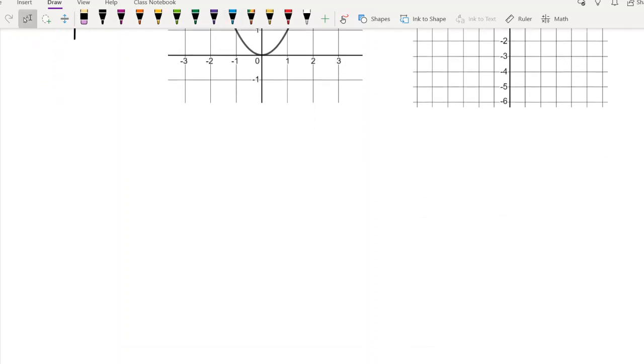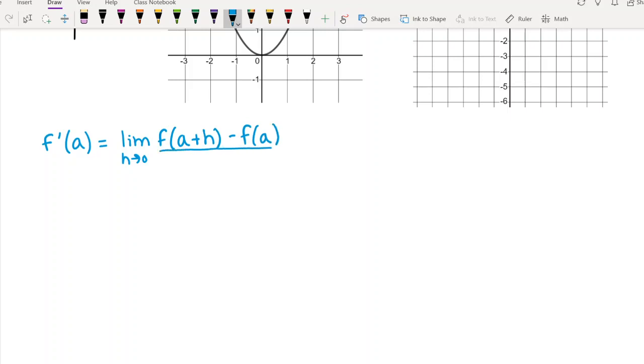Okay, so remember from last time that the way that you can find the slope of the line tangent to the graph at a certain point is you take the limit as h approaches 0 of f of a plus h minus f of a, all divided by h.